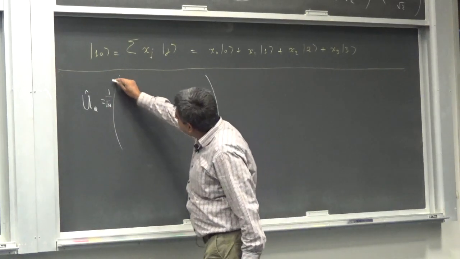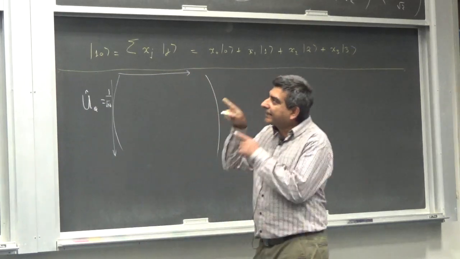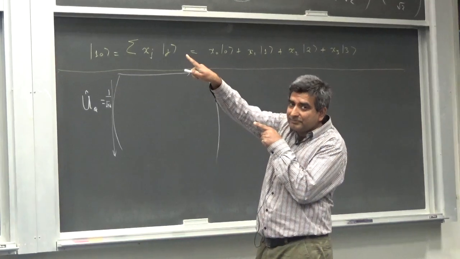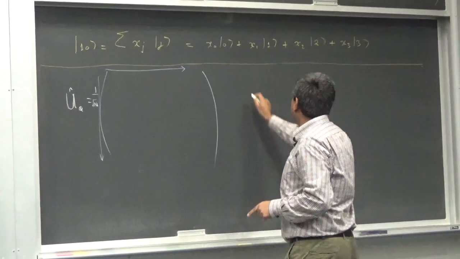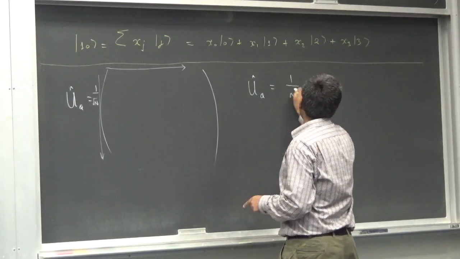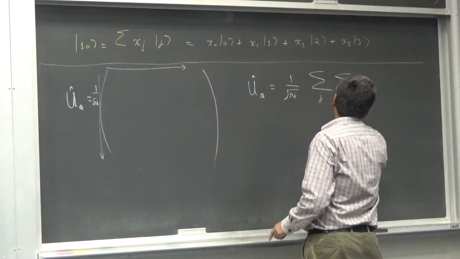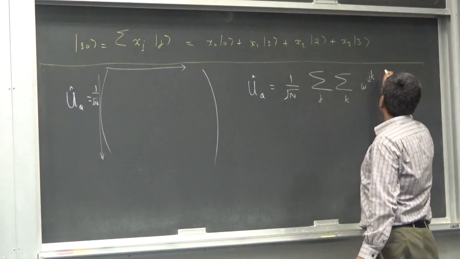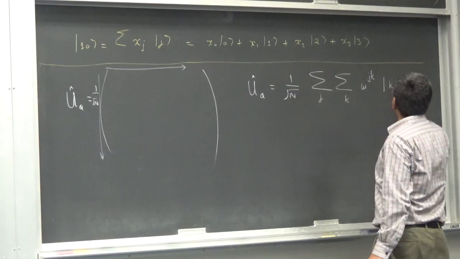Now there are rows in this matrix and there are columns in this matrix. The ket k over there at the top, let me rewrite this over here. UQ is 1 over root n, sum over j's, sum over k's, omega jk, ket k, bra j.